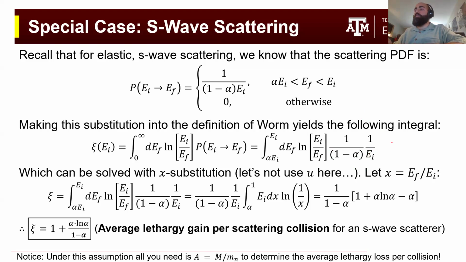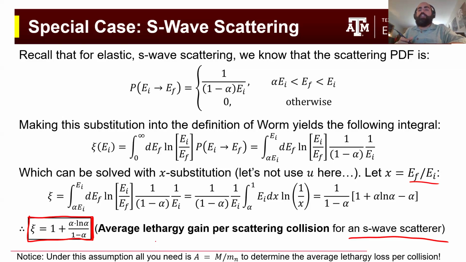Technically this is solved with U substitution, but I'm going to call it X substitution here because U is another quantity, the lethargy. If you do X substitution, you can rewrite the integral in a form that's easier to solve, and then you get an expression for the average lethargy gain per scattering collision for an S-wave scatterer.